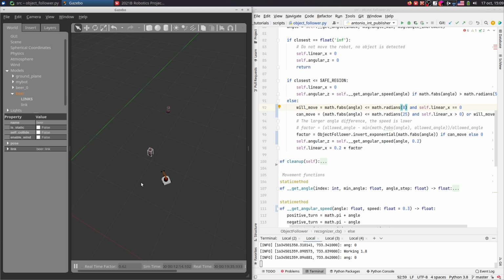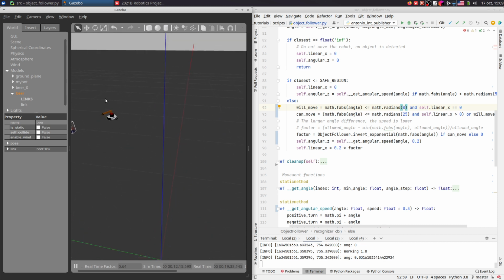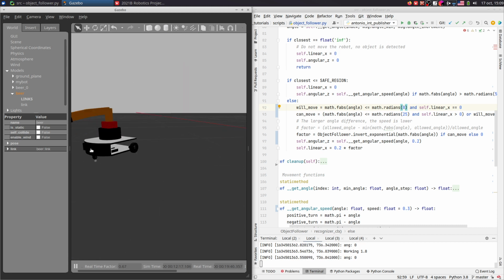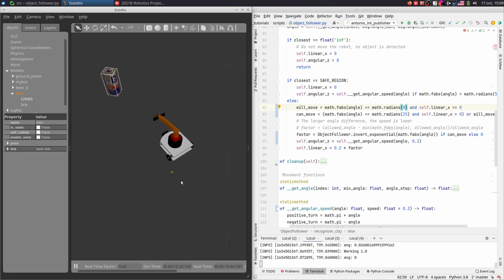Another possible reason of failure could be this ball at the front. That's a possible improvement that we need to consider.